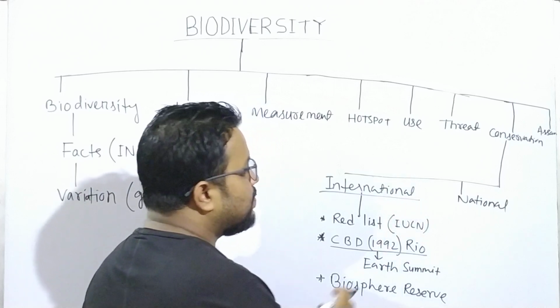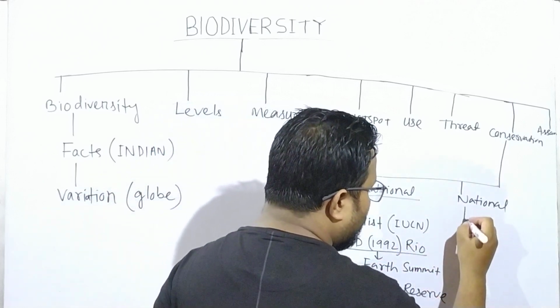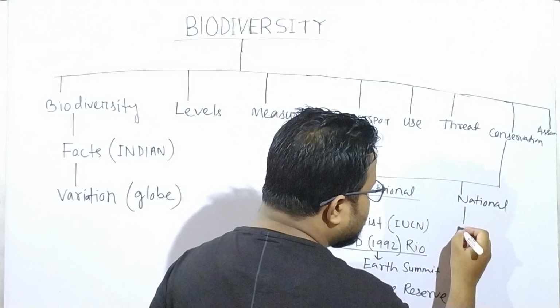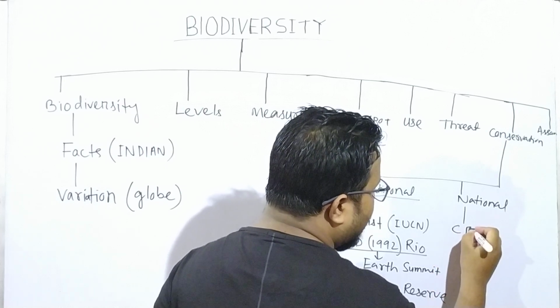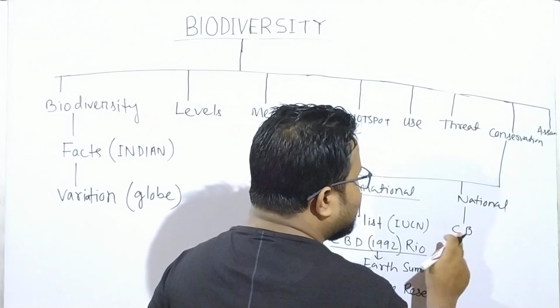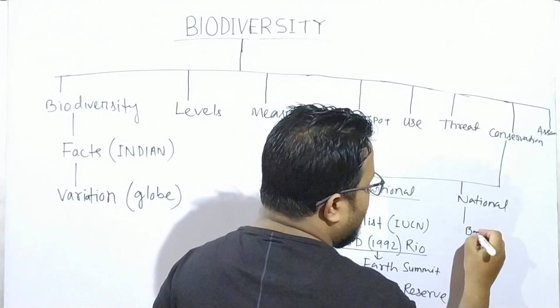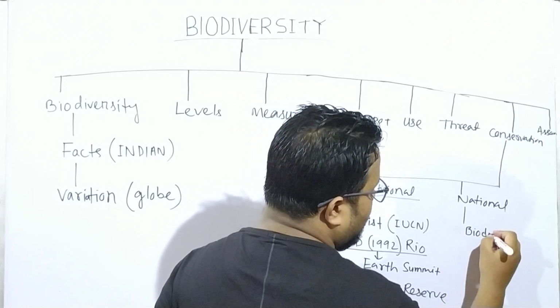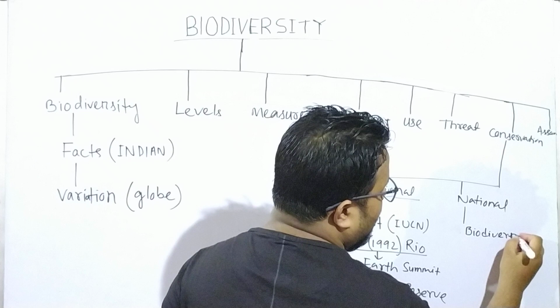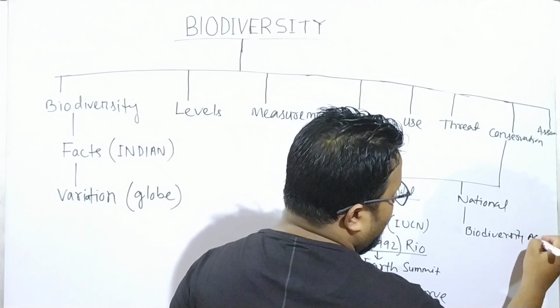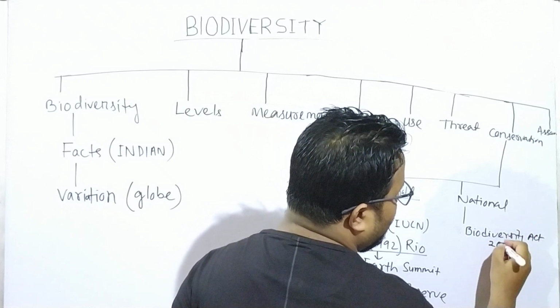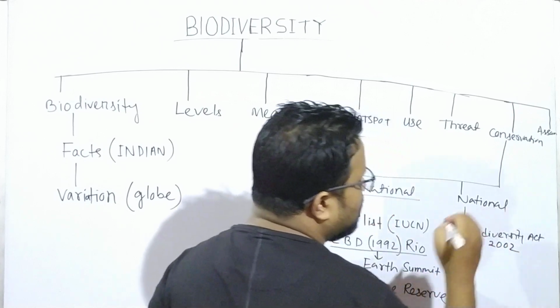Now, what are the national measures? Number 1 is the Biodiversity Act, passed in 2002.